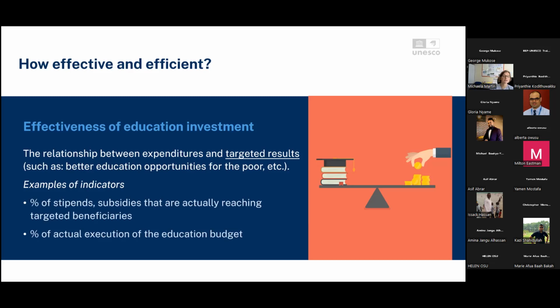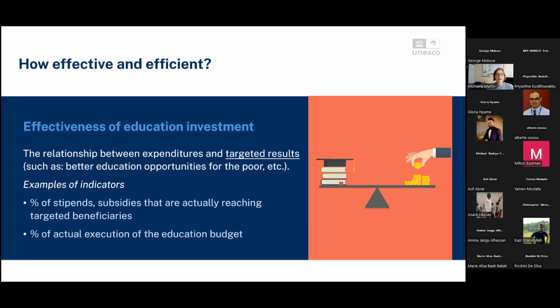The last item, the actual execution of the education budget, sometimes quite low in some countries, shows us also about the management capacity of the system. But this is a topic that we will tackle in the before-last unit of our course on education sector diagnosis.